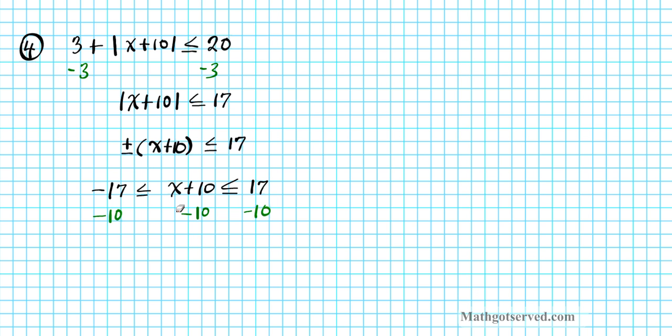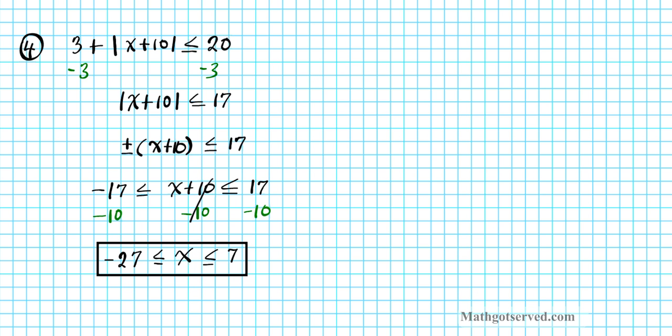Well, we are trying to get x by itself in the middle. So this 10 and negative 10 add up to 0. We have negative 27 less than or equal to x, and that is less than or equal to positive 7. So there goes your final answer.